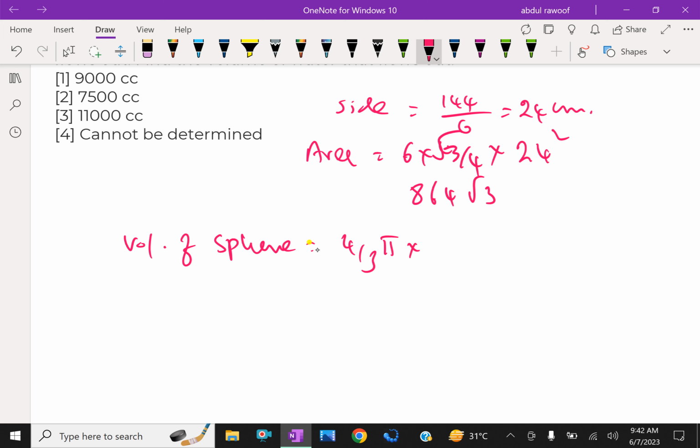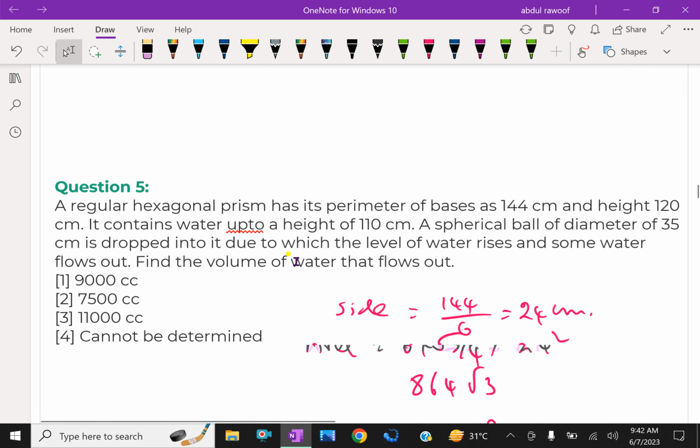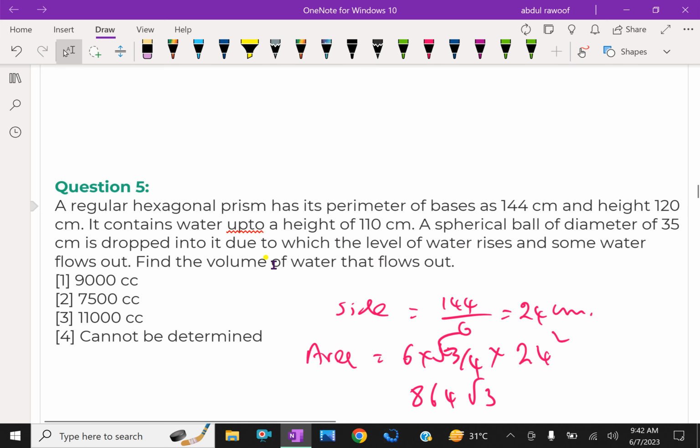Diameter is 35, that is 35 by 2 the cube, which gives approximately, we are using pi value as 22 by 7, gives 22458 centimeter cube.